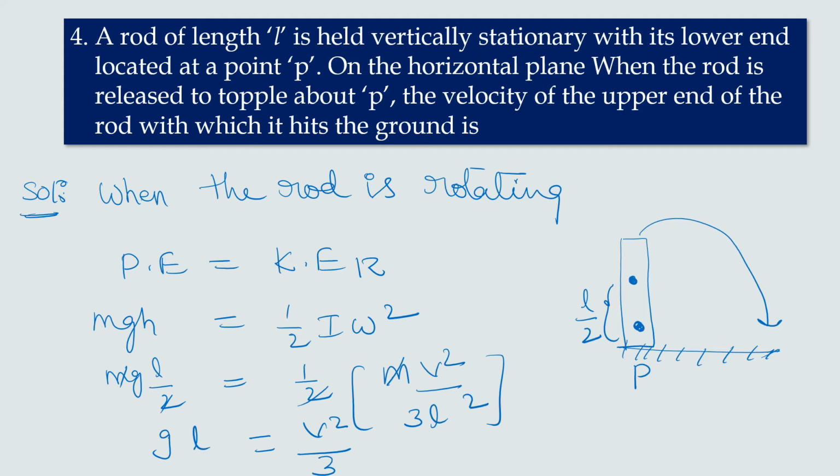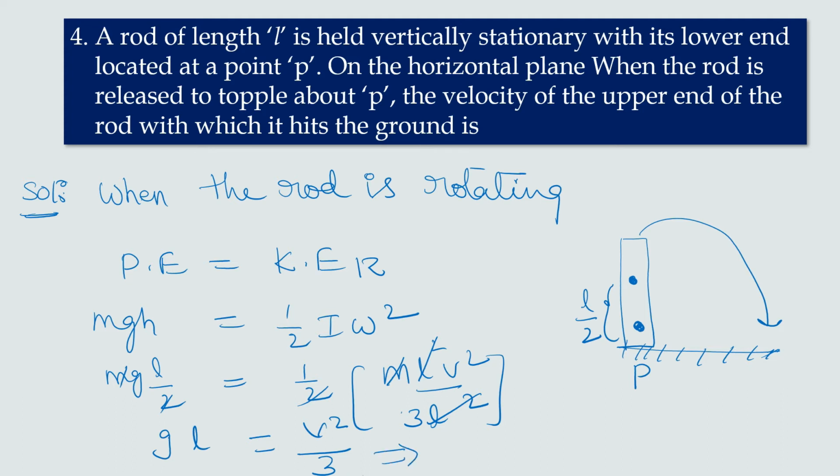L also gets cancelled. Now I is nothing but mL square by 3 into v square by L square, and L square gets cancelled, gL is equal to v square by 3.